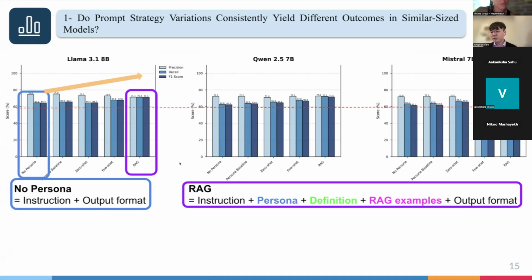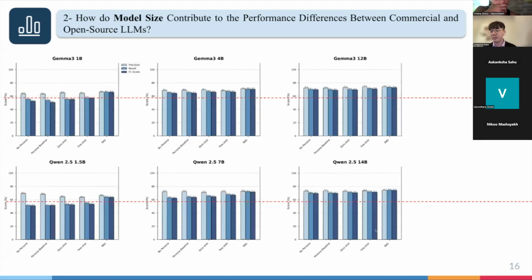Consequently, these newly added 2 strategies demonstrate the lowest and the highest performance across all of the models and illustrate the impact of the different prompt strategies at a fixed model size of about 7 to 8 billion.